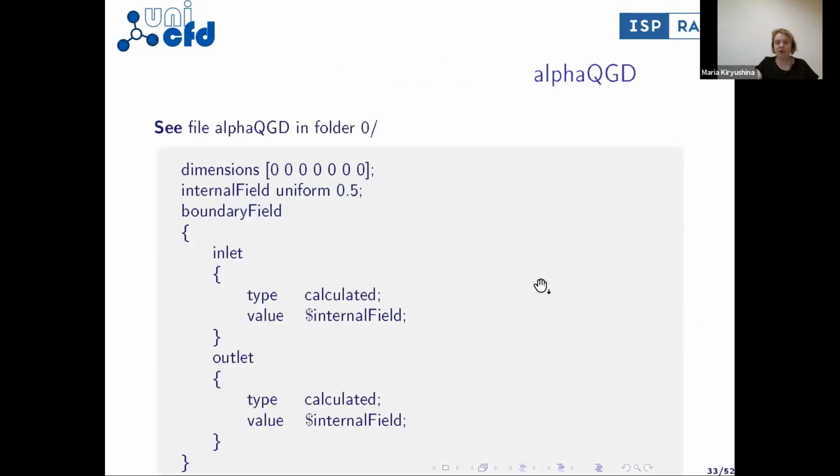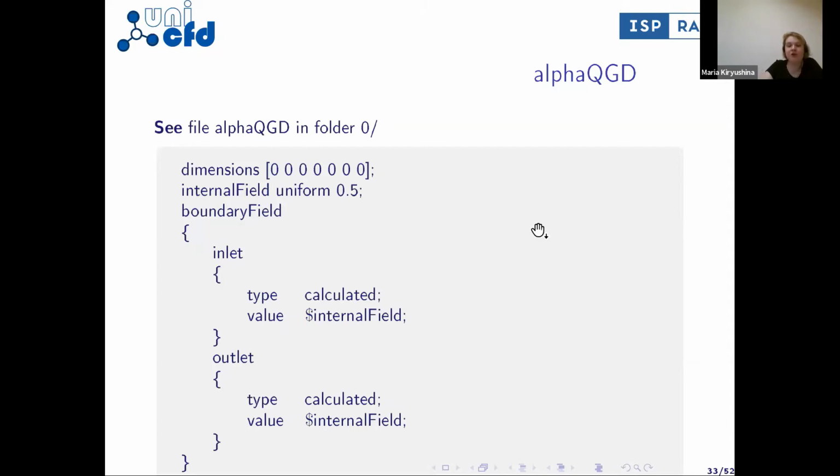Dictionary alphaQGD in folder 0 looks like this. As alpha is the tuning parameter of the numerical QGD algorithm, it is a coefficient, so the dimensions are 0 everywhere. Inside the domain, alpha is 0.5.